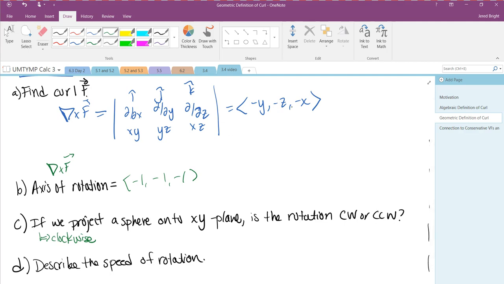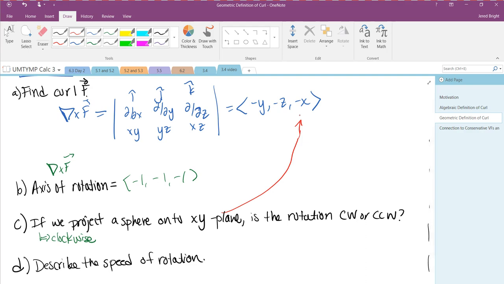Because the curl is going to be in that dimension, so all we have to do is look at this third component for the xy plane. So it's interesting that if x is positive, the curl is going to be clockwise, and if x is negative, it's going to be counterclockwise.